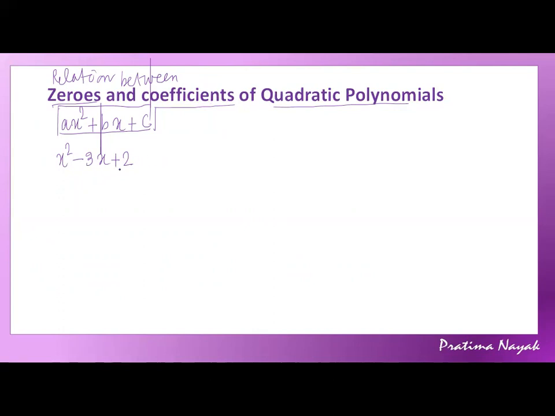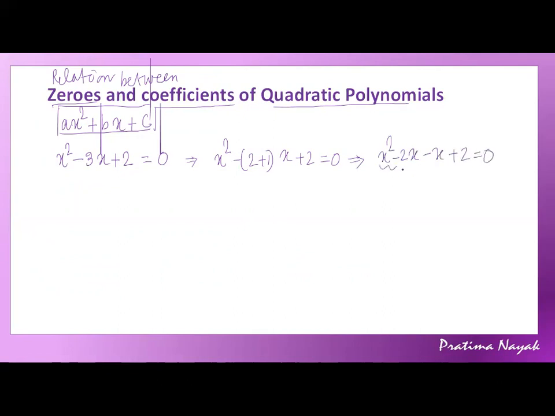Now to find the zeros, I'll make it 0. Then I'll split the middle term. How much will it be? x square minus 2x minus x plus 2 is 0.